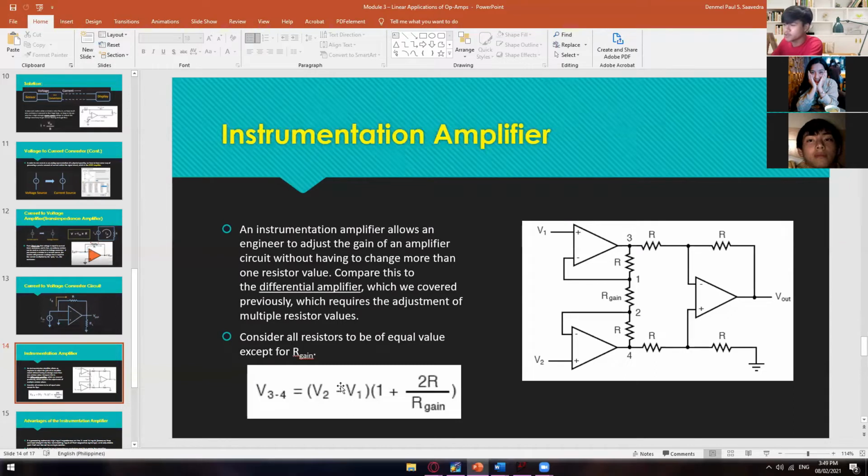For V2 minus V1, these are just the inputs on our buffer or voltage follower. So just take note of the signs. Let's say this one is grounded or going to the resistors. The same with this one, negative, so inverted input and then inverted input.